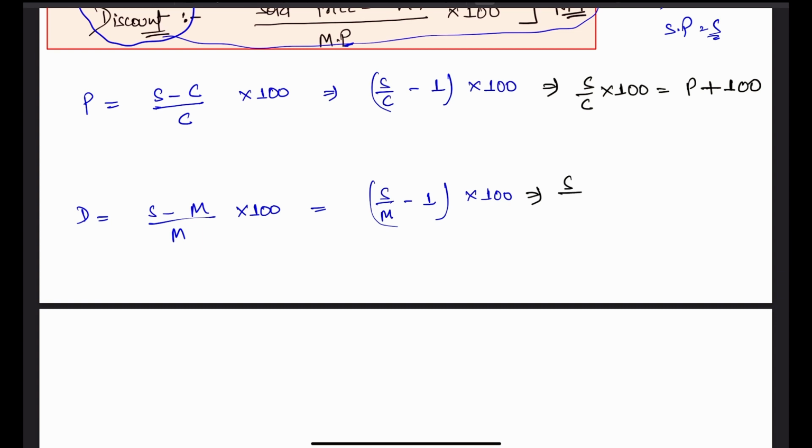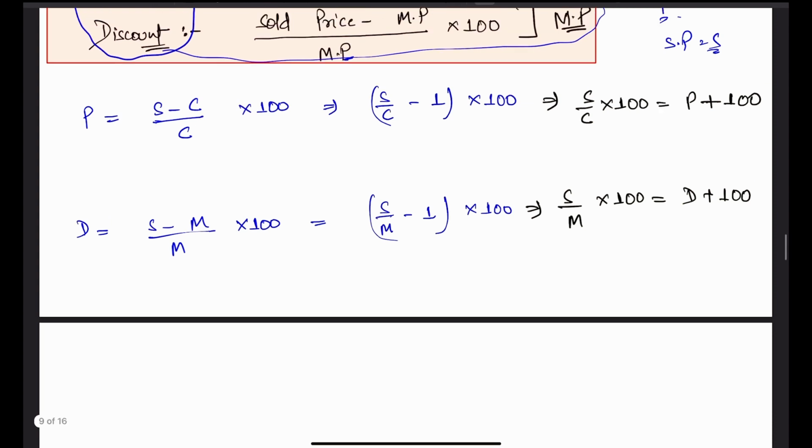So here sold price upon market price into 100, I can write as 100 plus discount. Can I say this? I'm not sure, because let me check.